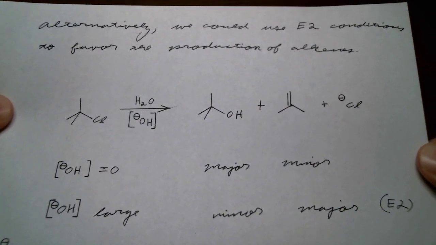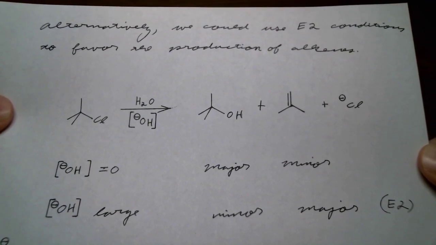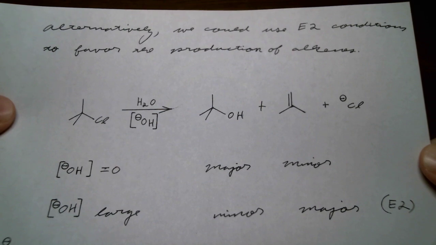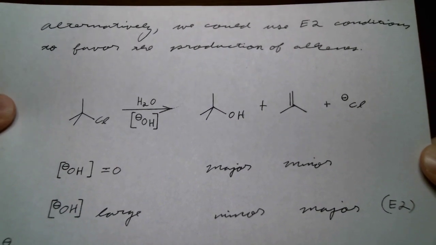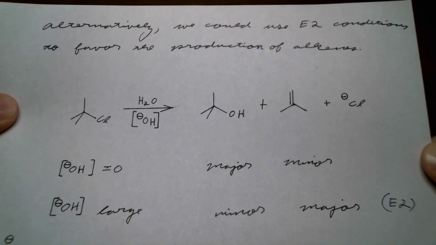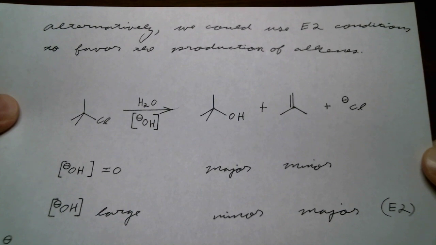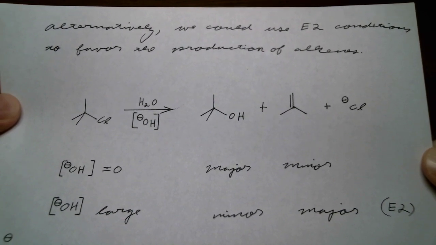In the first lecture video, we discussed what kind of conditions we could use to favor E1, which is a mechanism that's going on simultaneously whenever you have SN1 operative. Alternatively, we could use a bimolecular elimination strategy to favor the production of alkenes. So what am I talking about?